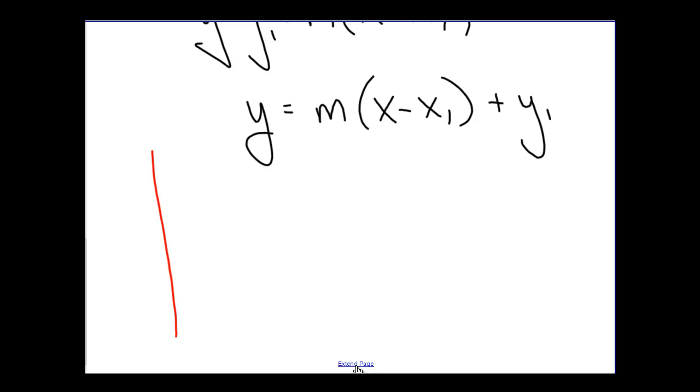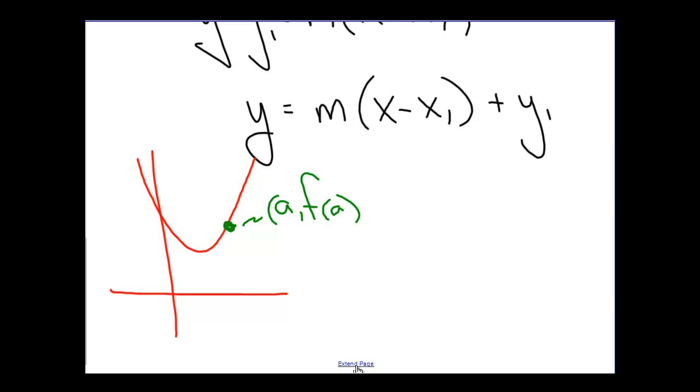So suppose we have some curve, and we have some point on that curve, and let's call that particular point the point A, comma, f of A. What we would like to do is find a linearization of the function about this point. What that means is that we would like to come up with a line that models that point in a nearby area.